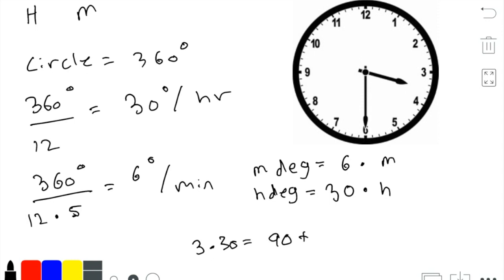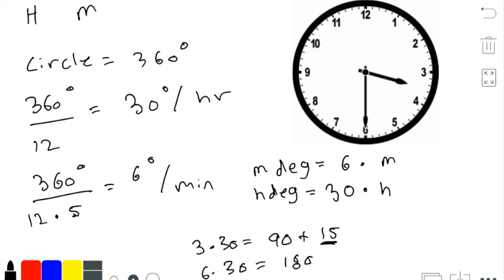In each hour there are 30 degrees, so at 3:30 we're halfway past, which is plus 15 degrees. The minute hand is just 6 times the number of minutes, which is 30, equal to 180. So now we know that the extra value we need to add to the hour hand is dependent on the minute hand.